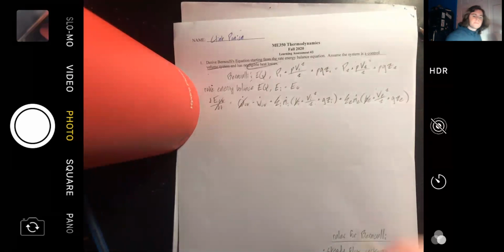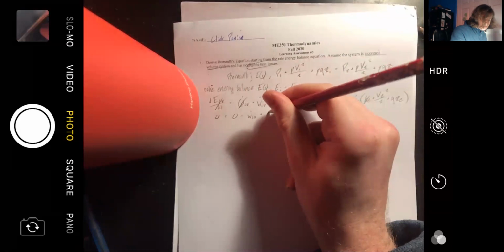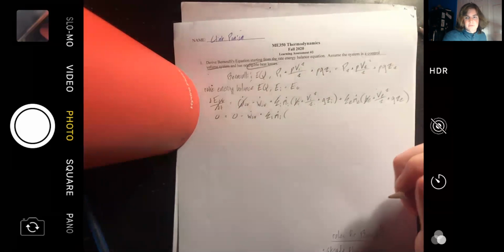All right, so let's write everything out again with our canceled stuff gone. Minus work dot control volume plus, this summation really doesn't add anything in this scenario. We're just going to assume there's only one initial mass flow rate and one exiting mass flow rate.